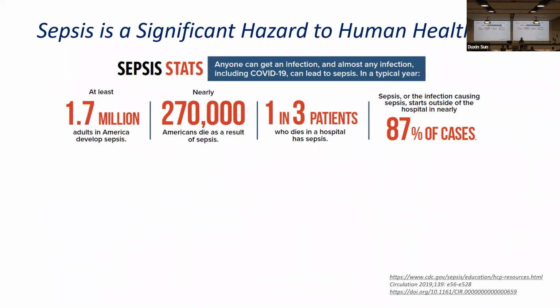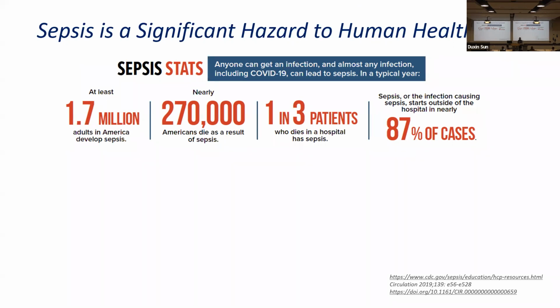So for those of you who may not be familiar with sepsis, it poses a significant threat to human health. And these are just some statistics that I'm going to put in context for you with a disease that you might be a little more familiar with because it's gotten a little more attention. But every year, at least 1.7 million adults in the US get sepsis. So our work is focused on adult sepsis.